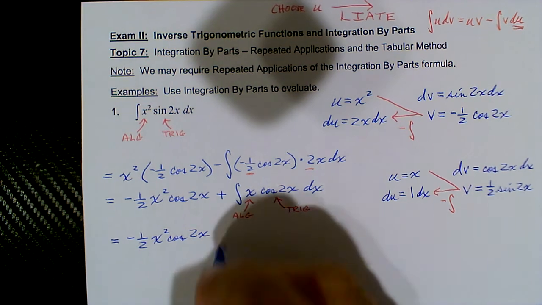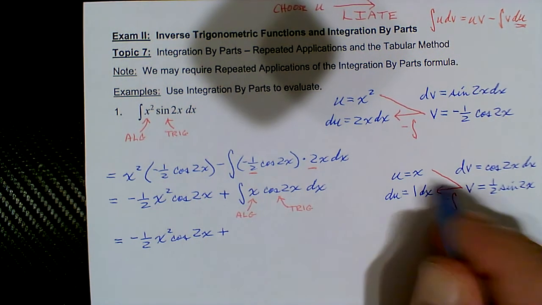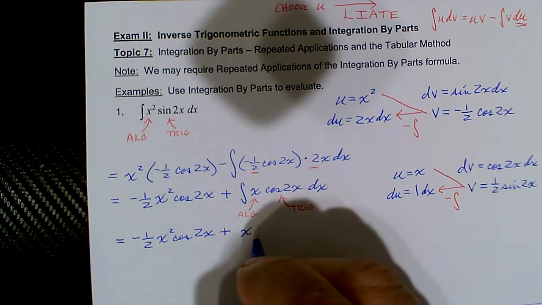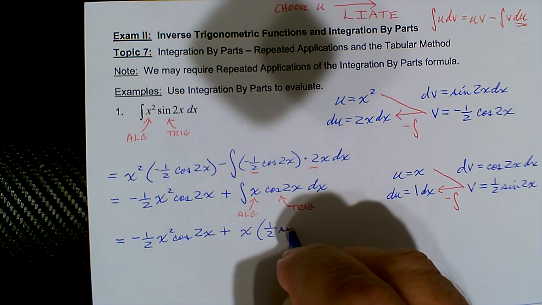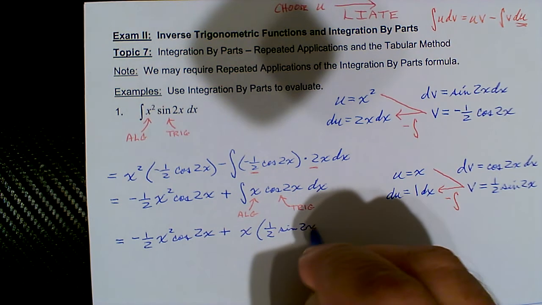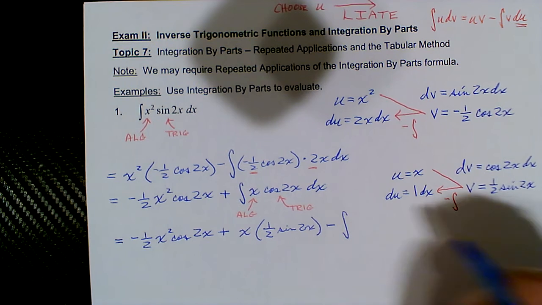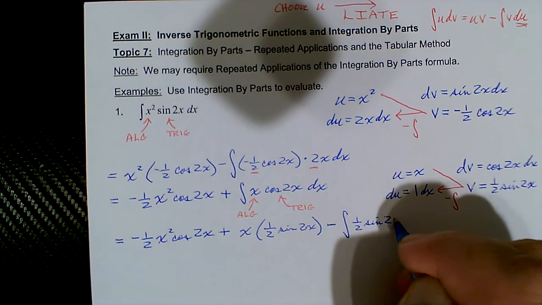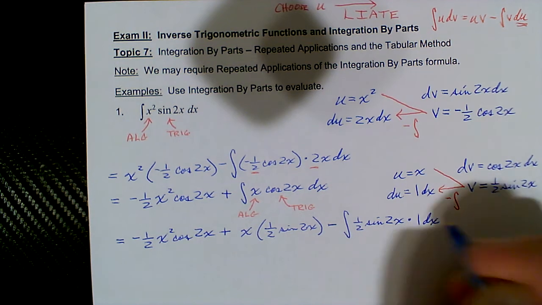But then we have plus, and our u times v is x and 1/2 sine of 2x, and then minus the integral of v, the 1/2 sine of 2x, times our du, which is 1 dx.